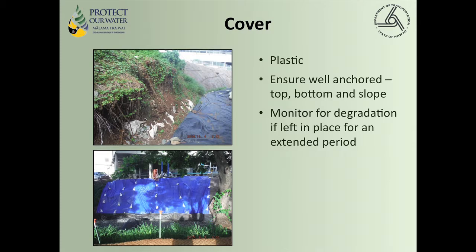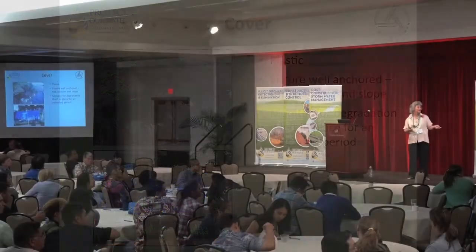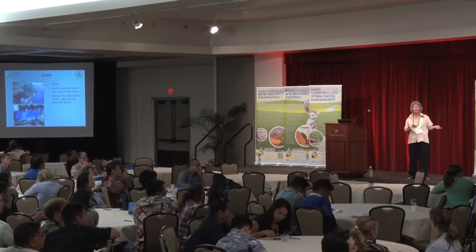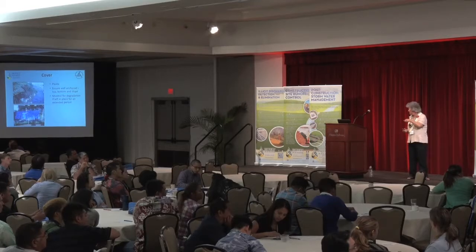It was supposed to extend past that, but they ran into design issues with some of the structures in the area. So what they have done, and this is the area that's supposed to also be shotcreted, is they covered it in plastic. They anchored it very well at the top and at the bottom and weighted it down.